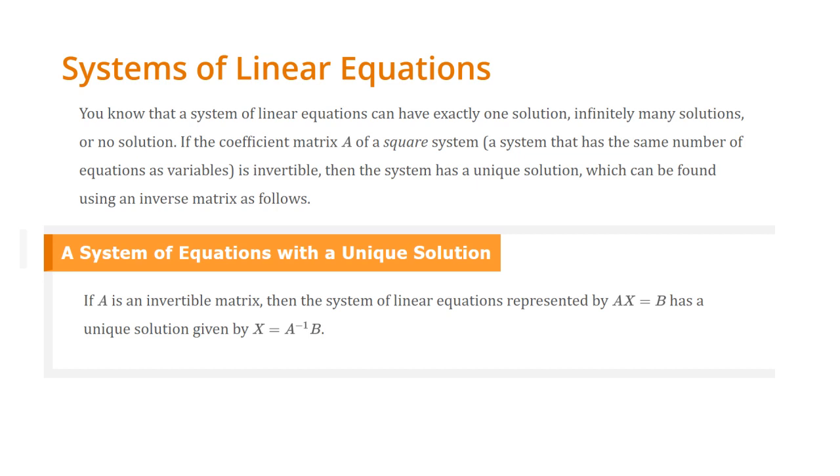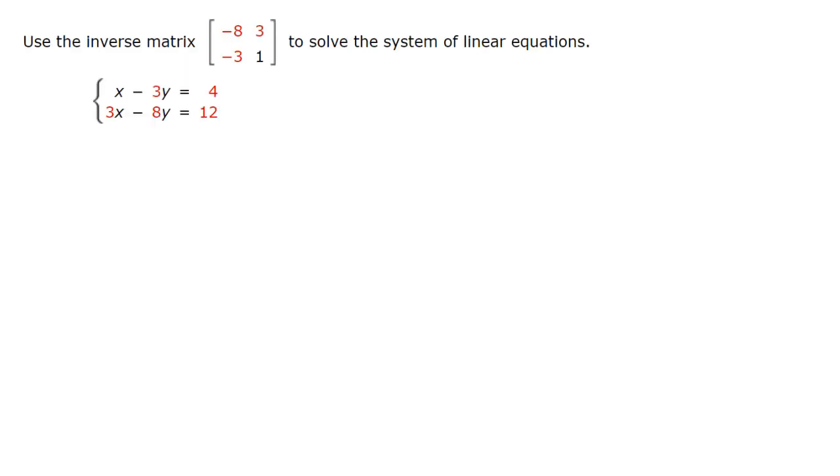Last week in happy hour, we talked about solving a system using Gauss-Jordan elimination. So you have all these different methods. So this is another way to solve the system. And the way that we can solve the system is you would take the inverse and multiply it times B. And we'll talk about what B is here in a second.